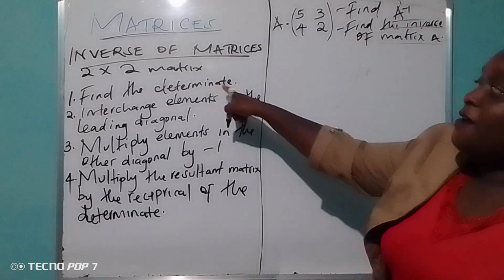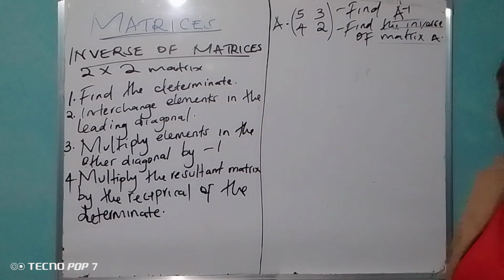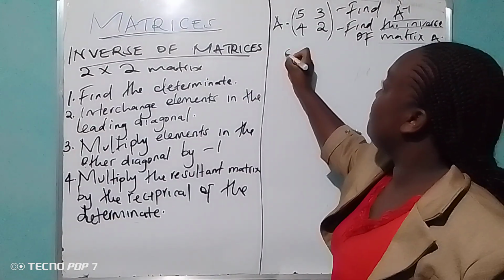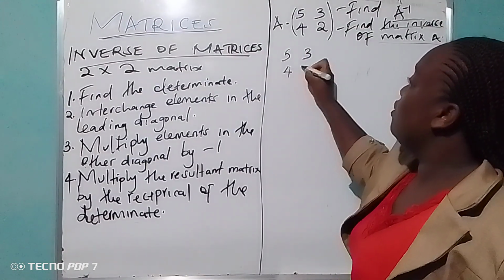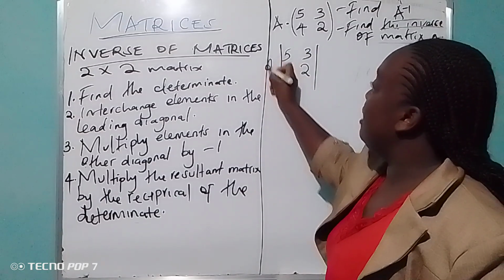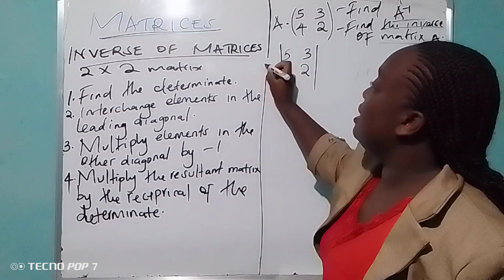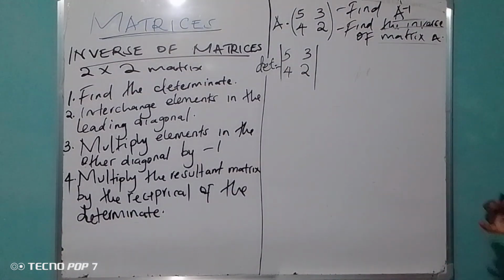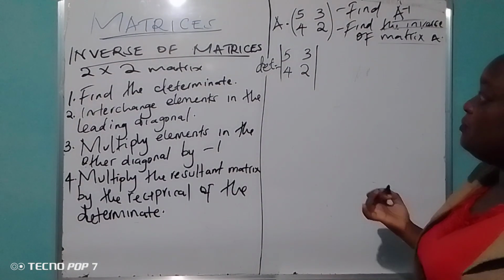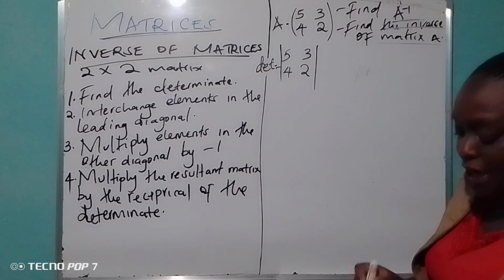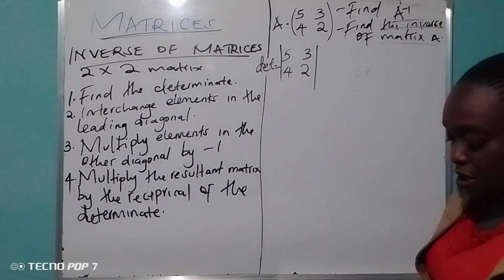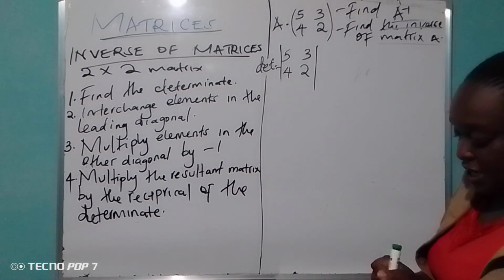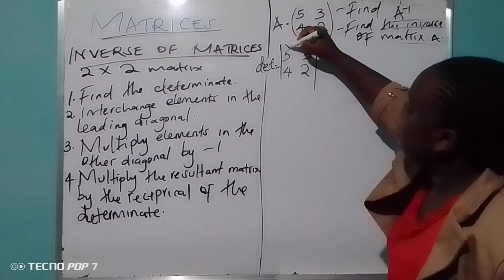So the first step, find the determinant. We know how to find the determinant. It is 5, 3, 4, 2. The determinant can be written as det. So we identify the leading diagonal.